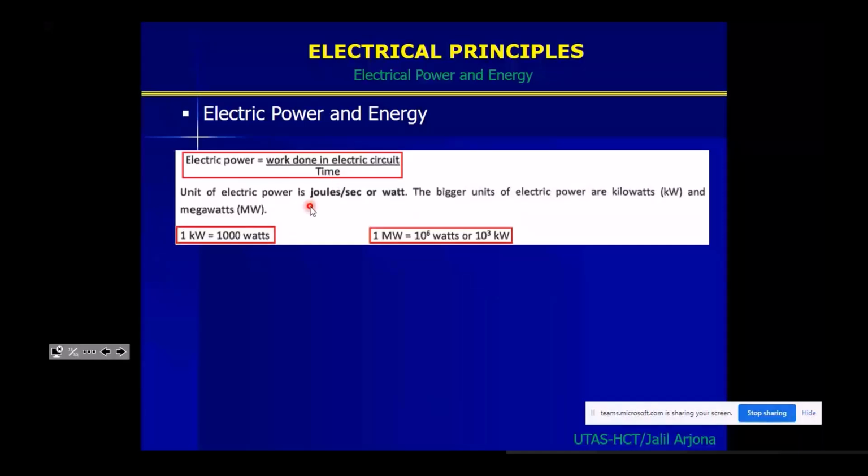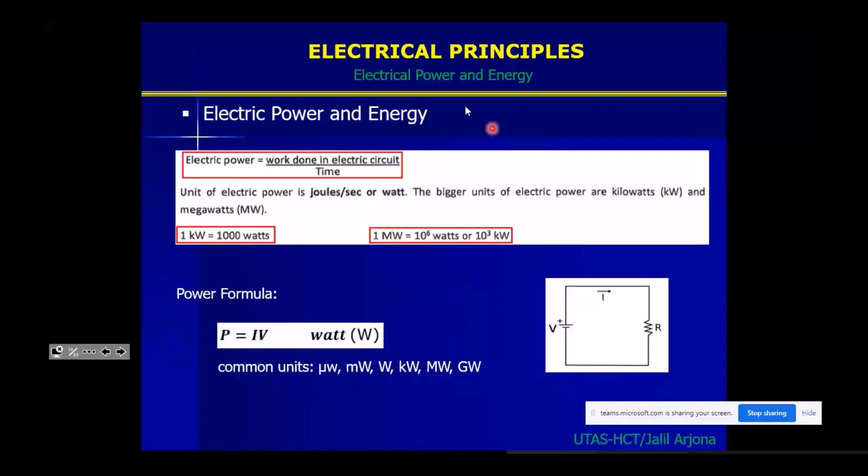So that's why it's joules per second. But the electrical unit is the watt. These are the several conversion units from watts to kilowatts and megawatts. So that is how to determine the electric power in relation to energy, joules, and time.